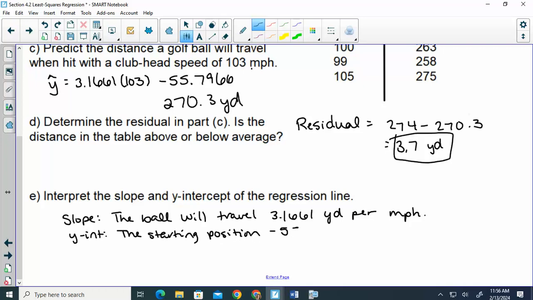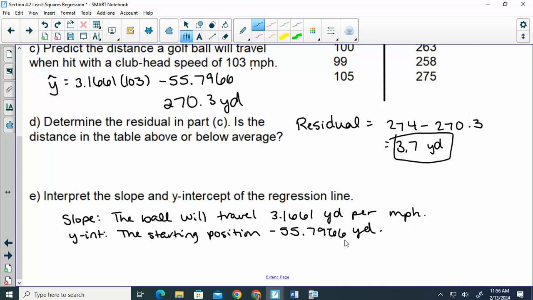You know, does it really make sense to say your ball started at a negative 55.7966 yards? No, but that's the formula that's needed for the equation to be accurate. That is really the end of this section.